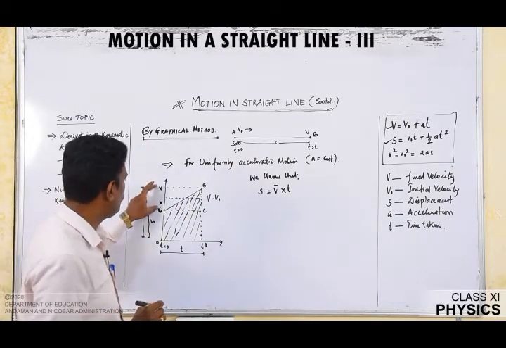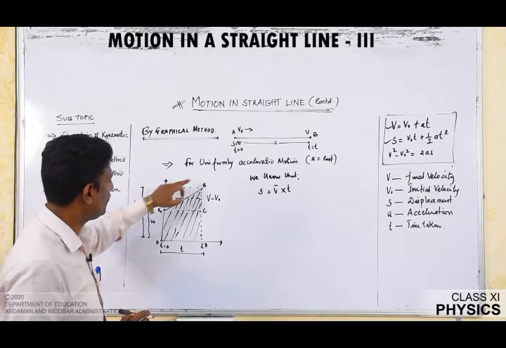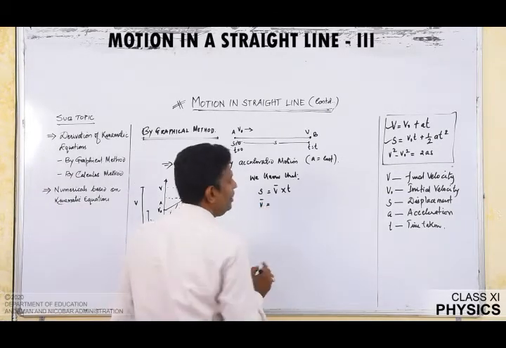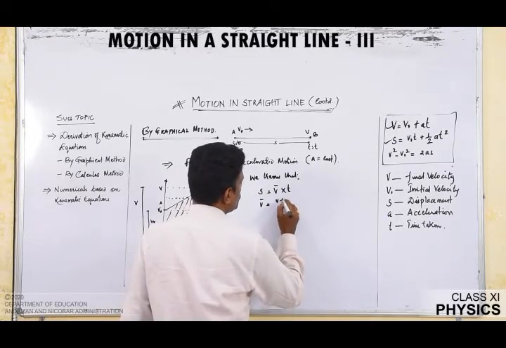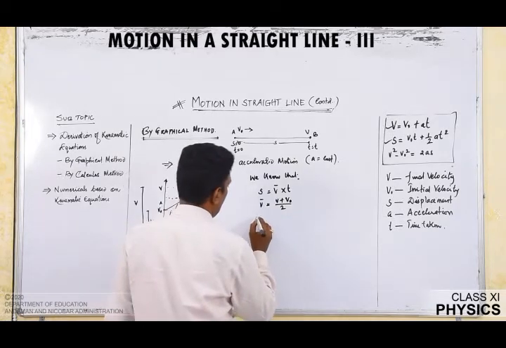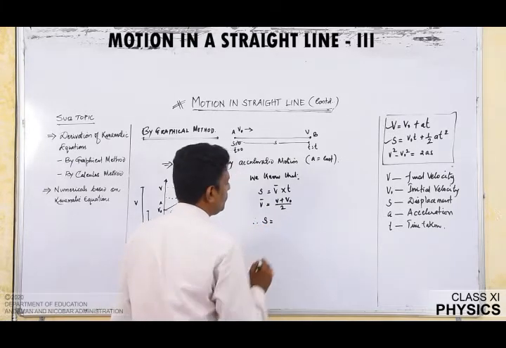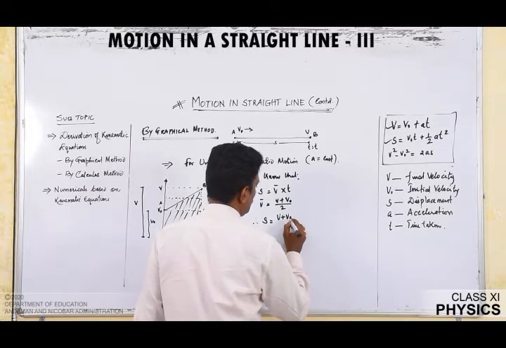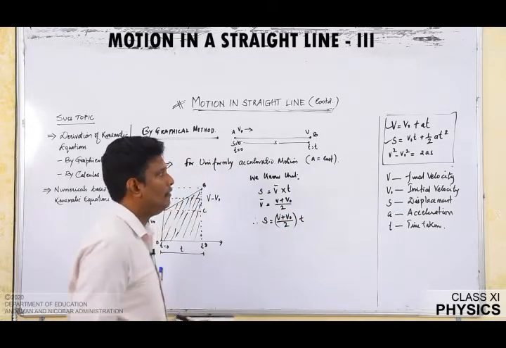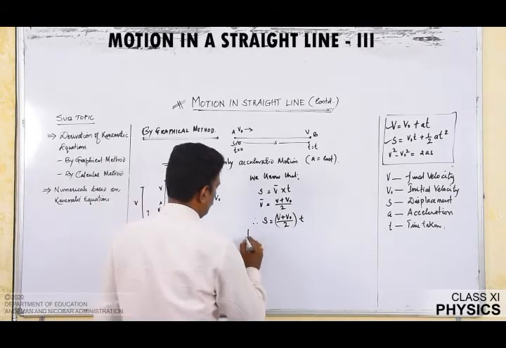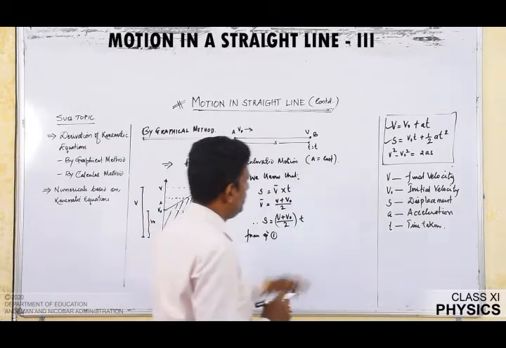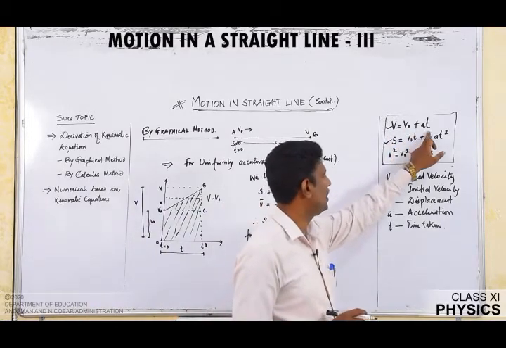Mathematically, the average velocity is the initial plus final velocity by 2, average of that. So, we can write V average equal to V plus V naught by 2. Therefore, we can have S is equal to V plus V naught by 2 into T. From equation 1, we know that V is equal to V naught plus AT.